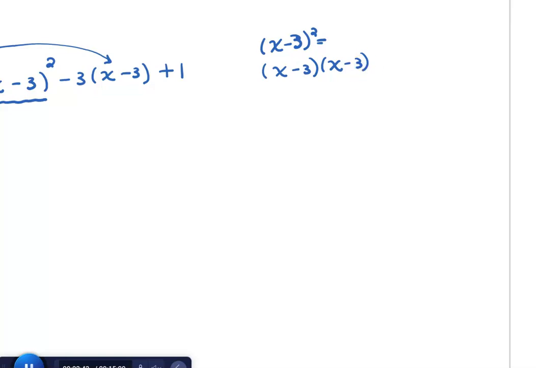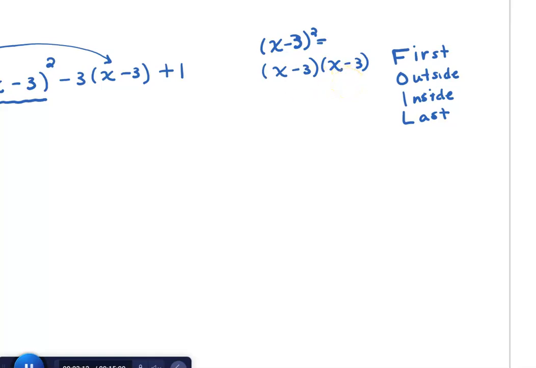And I'm going to use the process of FOIL, which means you multiply first times first, outside times outside, inside times inside, and last times last. FOIL is an acronym to help you remember that there are 4 multiplications that you're going to do when you multiply these 2 binomials.